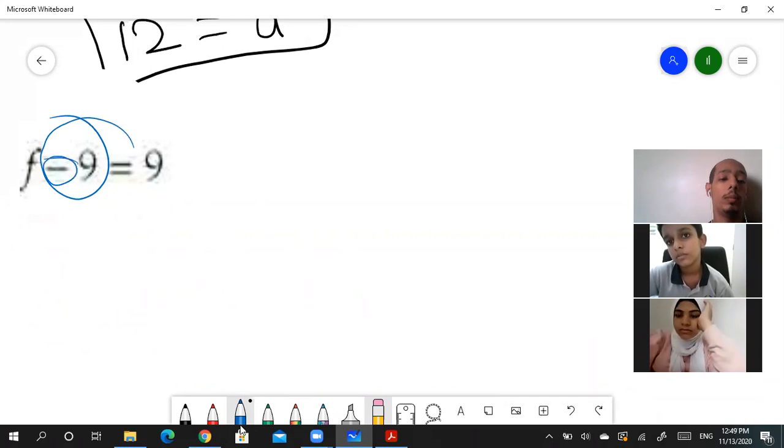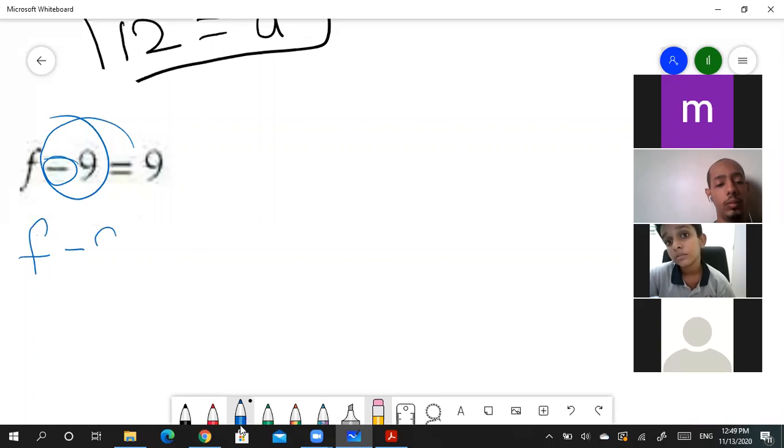How should I get rid of the minus 9? You plus the 9. Plus 9, and plus 9 on the other side, equals 9.